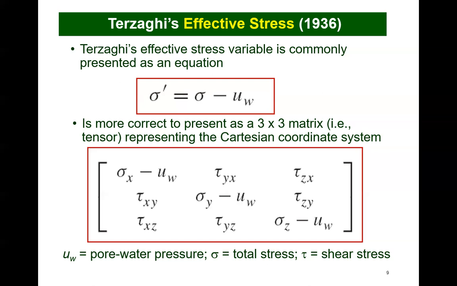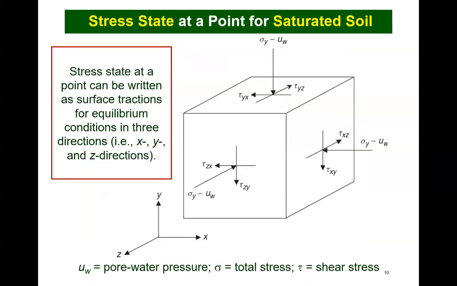And the equilibrium equations that can be written apply for the soil structure of a two-phase soil system. The components of the stress state for a saturated soil can be shown as the surface tractions from the equilibrium equations for the soil structure.